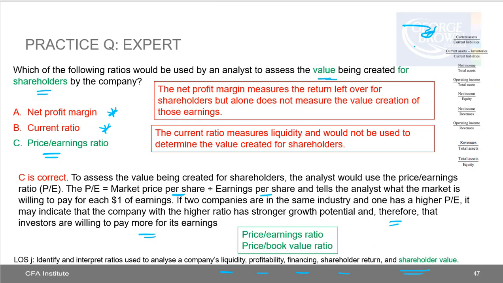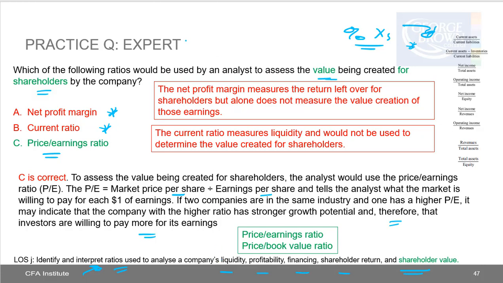So number one, you have to be familiar with the numerator and denominator, what the formula is for the ratio. And the other thing that I want to point out, remember, is whether it is in terms of a percentage or in terms of a times, and then having that gives us the data. And then the next thing is, in some cases, to interpret the ratios when we're comparing them year on year or against some industry standards.